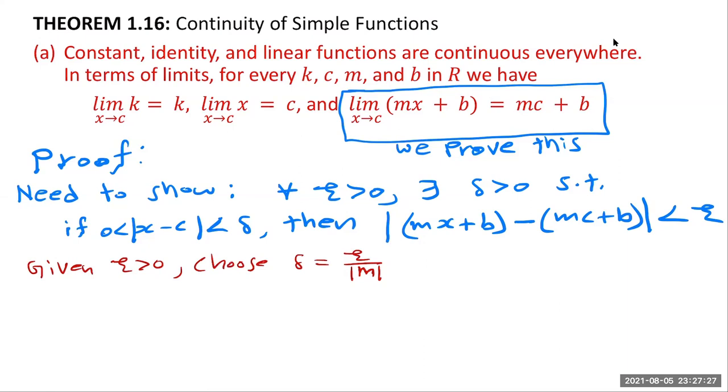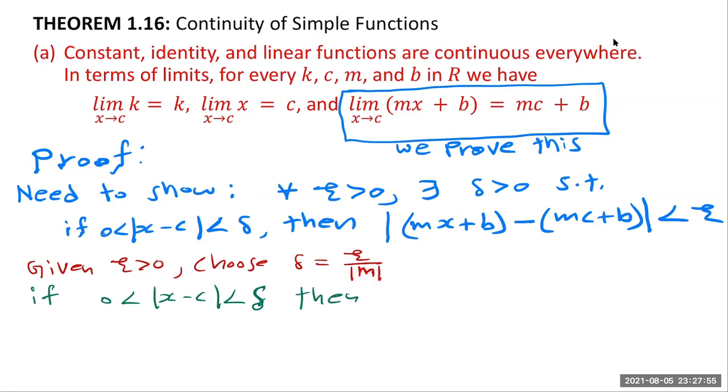Now, what do you need to prove? We need to prove that if this happens, this happens. That's all we need to prove. Then we are done. So, if the absolute value of x minus c is less than delta, remember my value of delta now is epsilon over the absolute value of m.